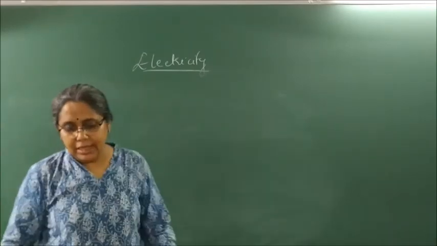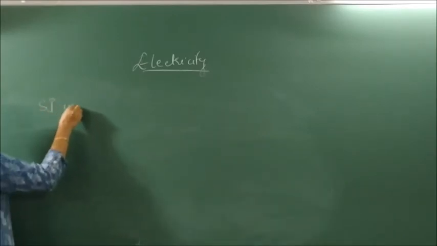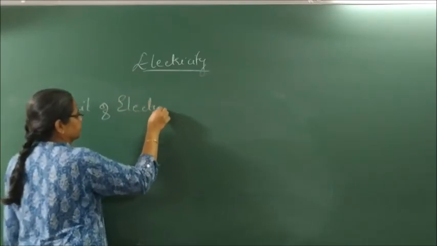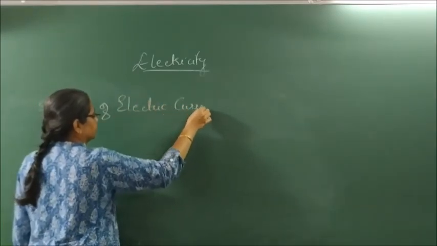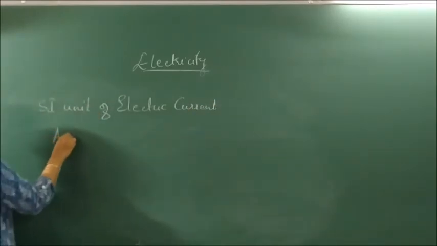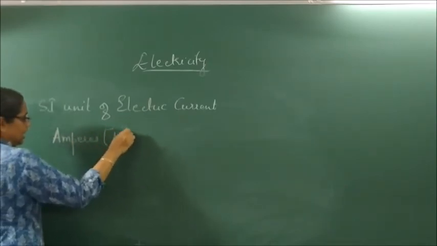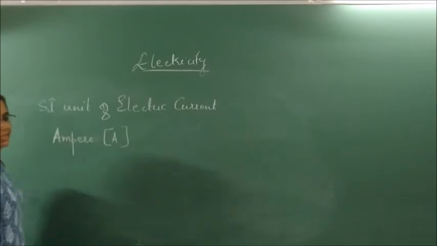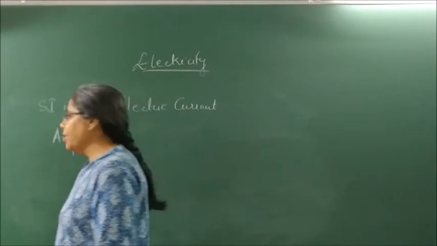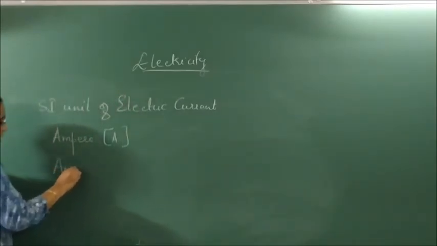What is the SI unit of electric current? The SI unit of electric current is ampere, and it is denoted as A. The SI unit of electric current is ampere, and this ampere comes to honor a physicist, Henri Marie Ampere.